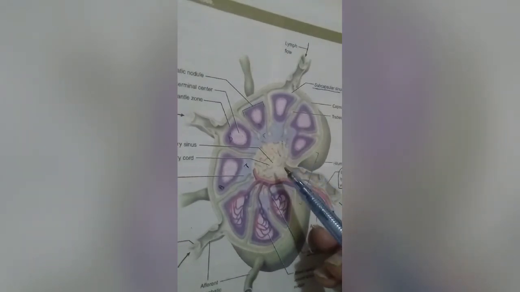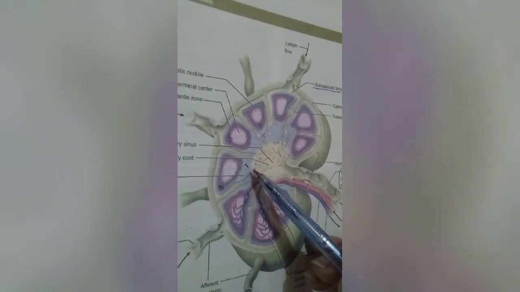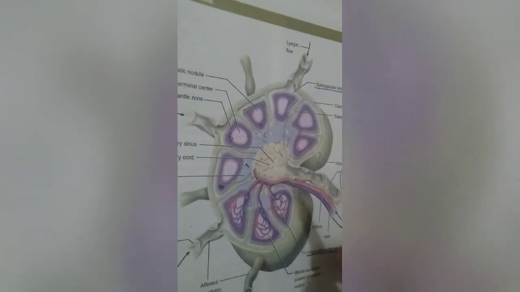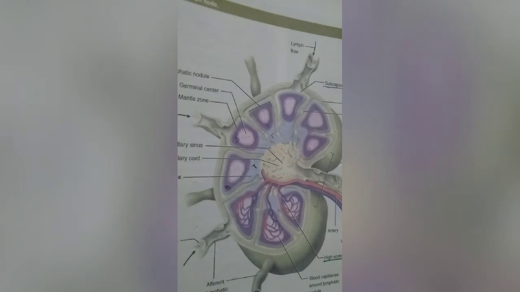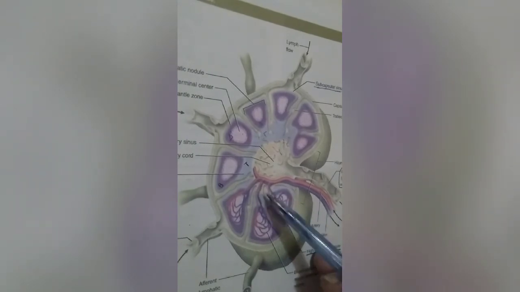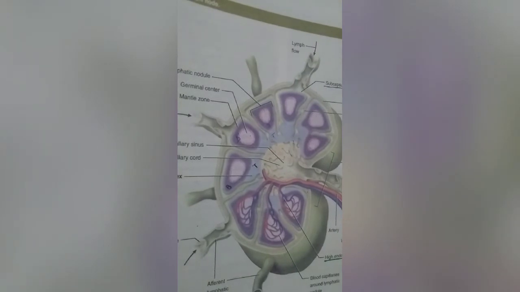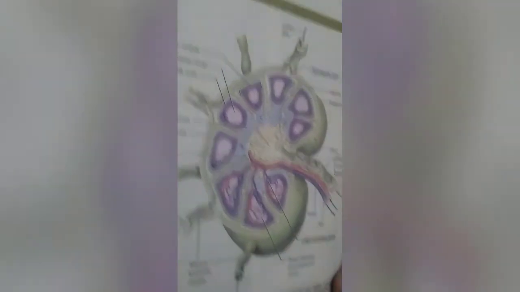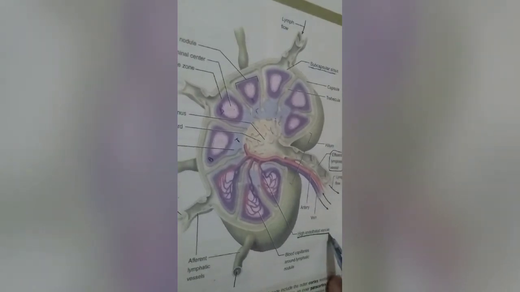No lymphatic nodules are present in the paracortex. As you can see here, no lymphatic nodules are present in the paracortex. What is present in the paracortex? Actually, the paracortex contains a special type of post-capillary venules, which are called high endothelial venules.